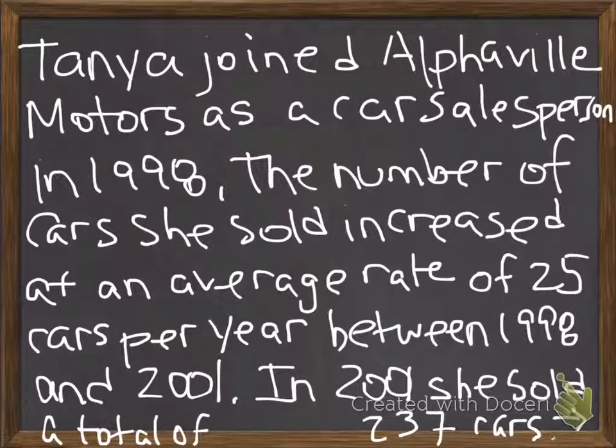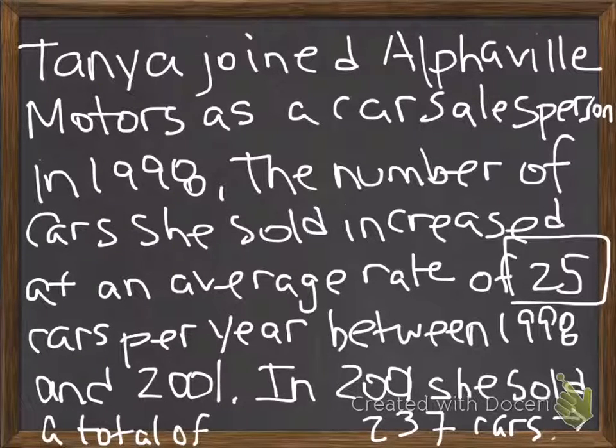Next, we're doing another word problem, but it's talking about rate of change. So we have Tanya joined Alphaville Motors as a car salesperson in 1998. The number of cars she sold increased at an average rate of 25 cars per year, so that's our slope between 1998 and 2001. And then it says in 2001 she sold a total of 237 cars.